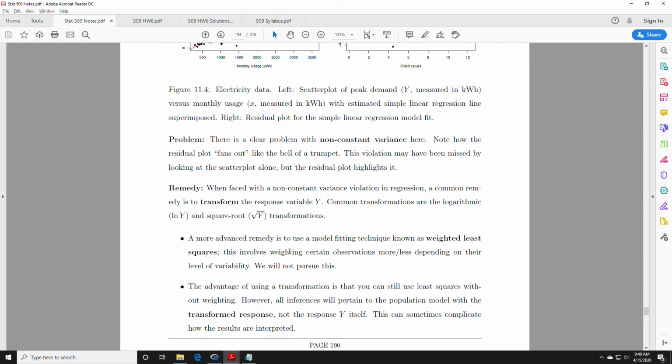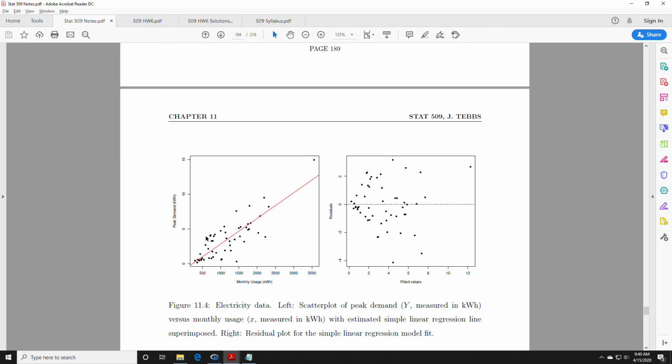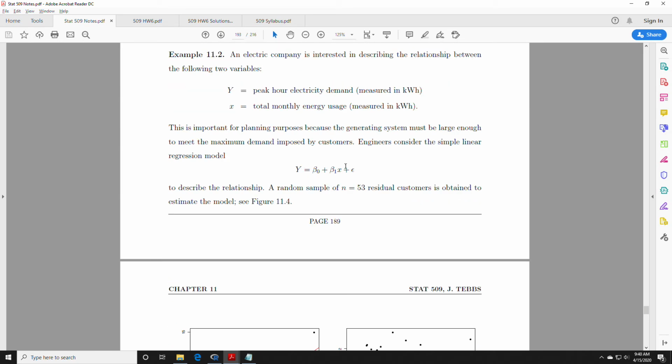But I want to mention that it's kind of annoying because let's say you transform and you're modeling the natural log of y. What does that mean? Normally your model is this: y is equal to beta naught plus beta 1x. So for every one unit change in x, y changes by beta 1, that type of thing.